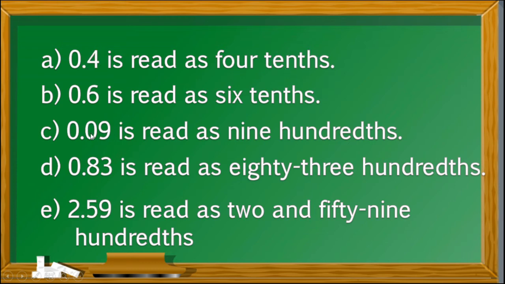Kapag dalawang digit na, after the decimal point, hundredths na kagad. So, 9/100. This number is read as 83/100. And this number is read as 2 and 59/100.